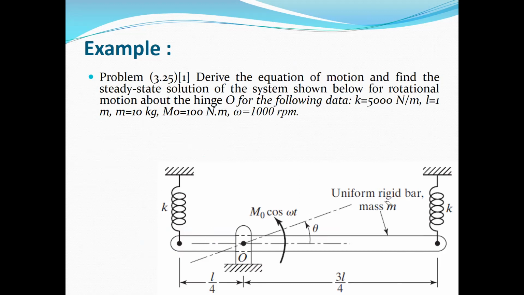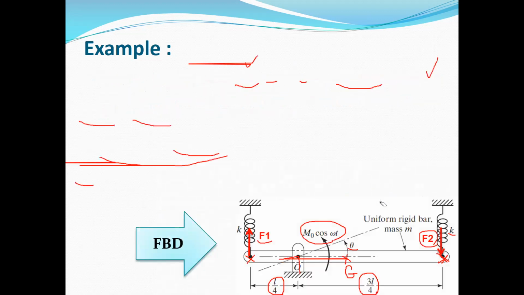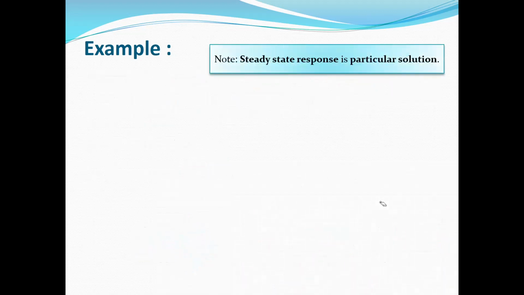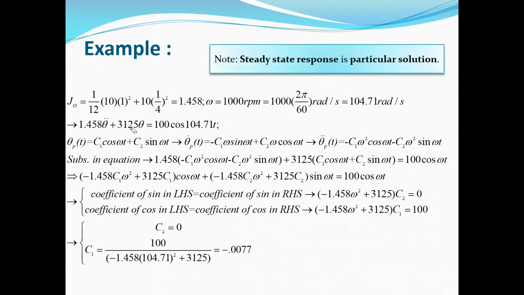You need to obtain the equation of motion, and after that the coefficient of theta double dot, because this is a rotational system, is the equivalent mass moment of inertia, and the coefficient of theta or x is the equivalent rotational stiffness or linear stiffness, according to your motion.